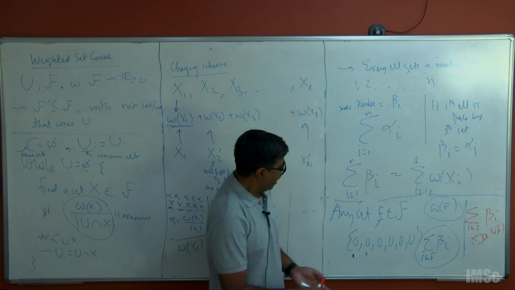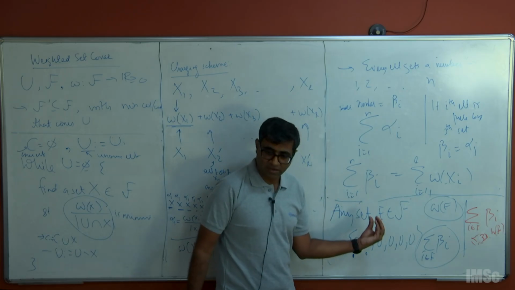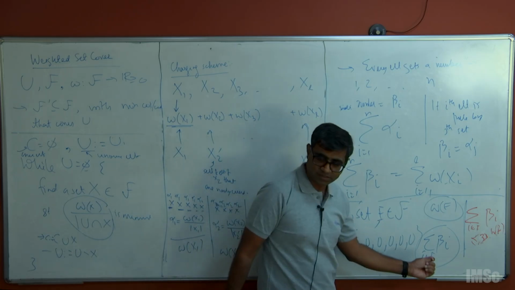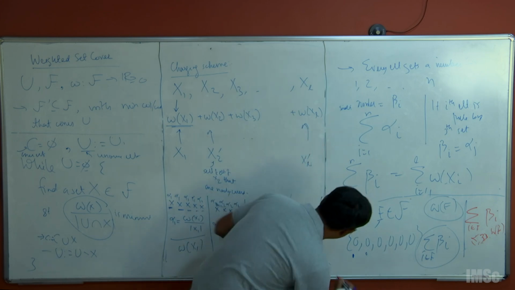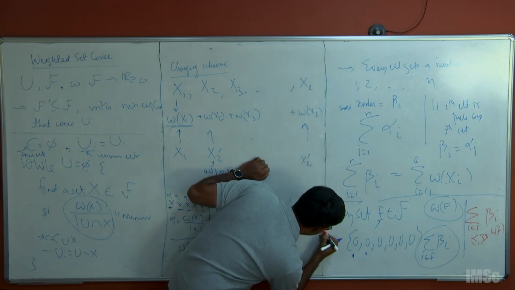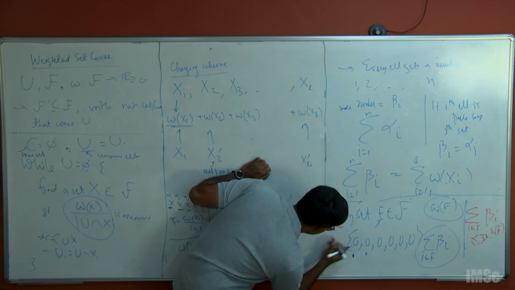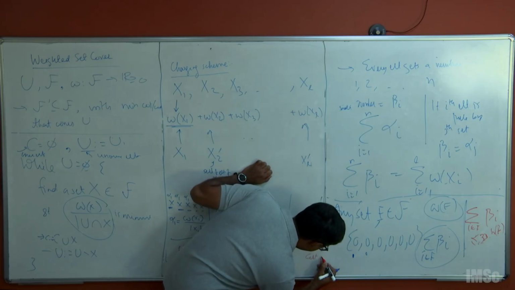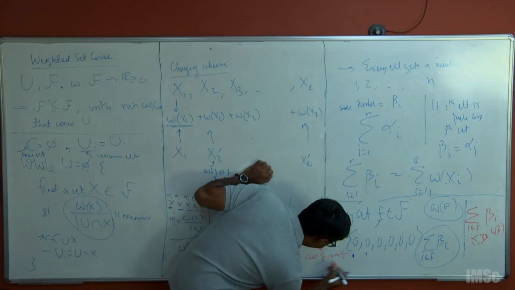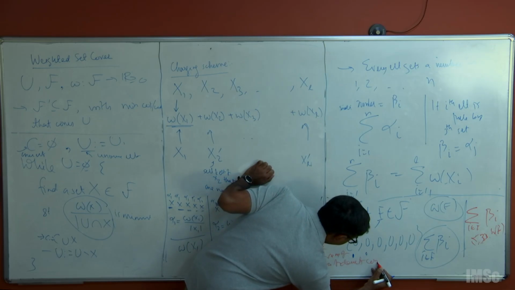How is the weight of any set related to the cost of charges, right? This lemma tells us the relation between the weight of a set and the sum of charges of the elements contained in it.